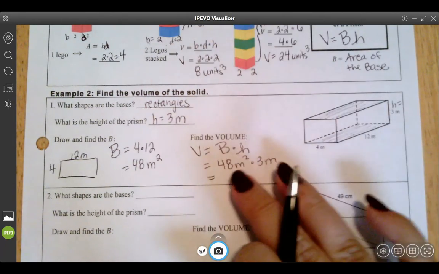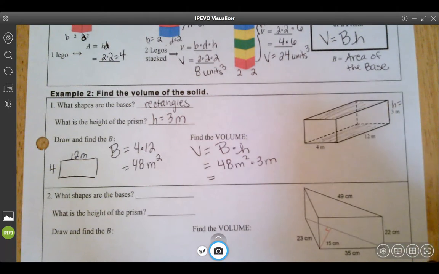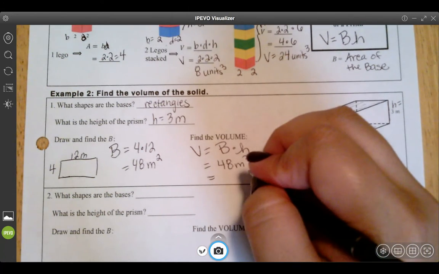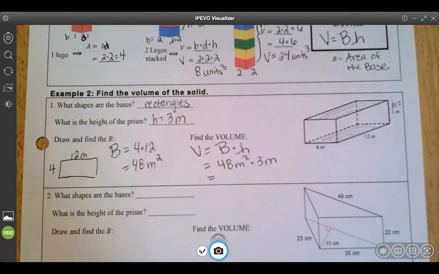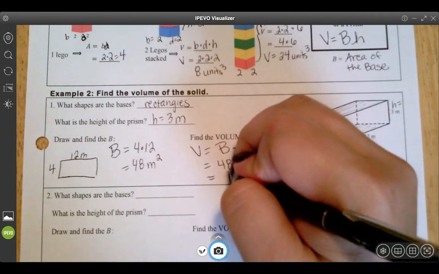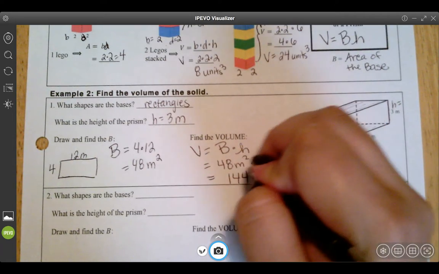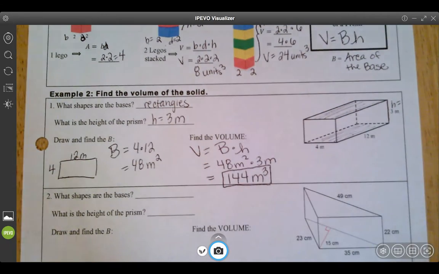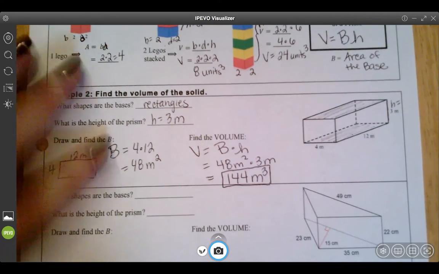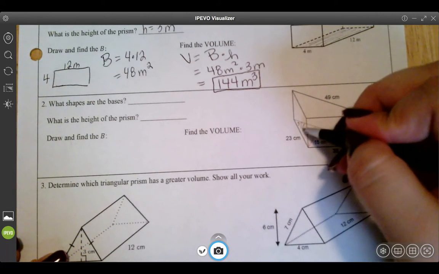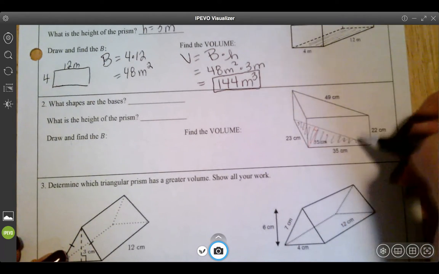And this shows us where that cubic meters comes in. And so we have 48 times 3, which gives us 144 cubic meters. That will be the volume. Let's try another. This time, instead of a rectangular prism, we have a triangular prism.